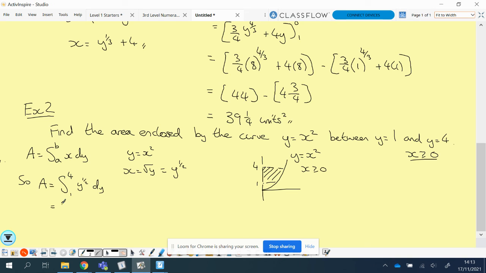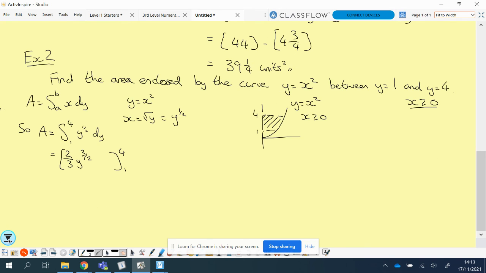So if I integrate that, I get power 3 over 2, so I get 2 over 3 y to the power 3 over 2. So now it's 4 and 1. Put the limits in.